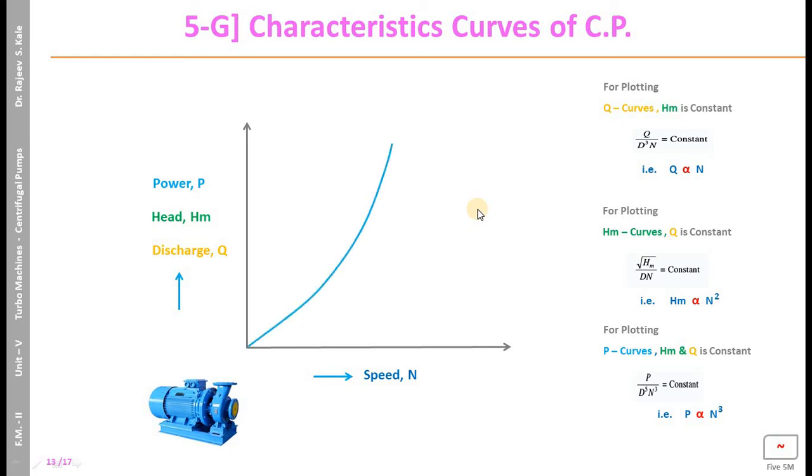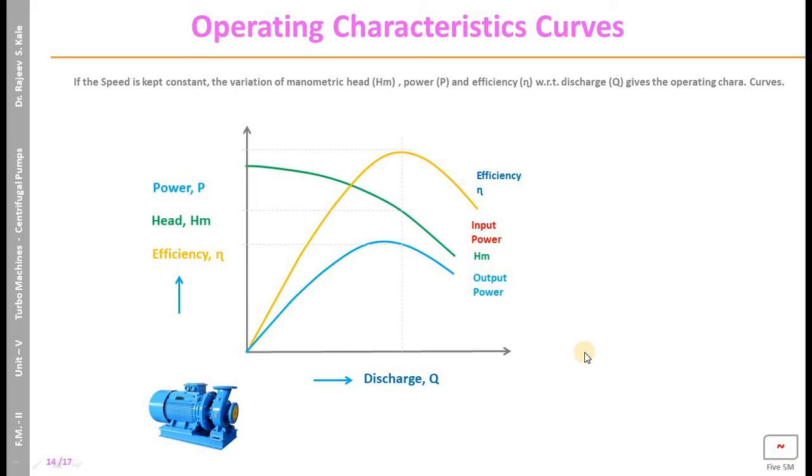For example, you can plot the speed versus power curve, speed versus discharge curve, speed versus head curve. Now from model testing we know the relations: head is proportional to N squared, discharge is proportional to the speed, power is proportional to N cubed. So like this you can plot the various curves.